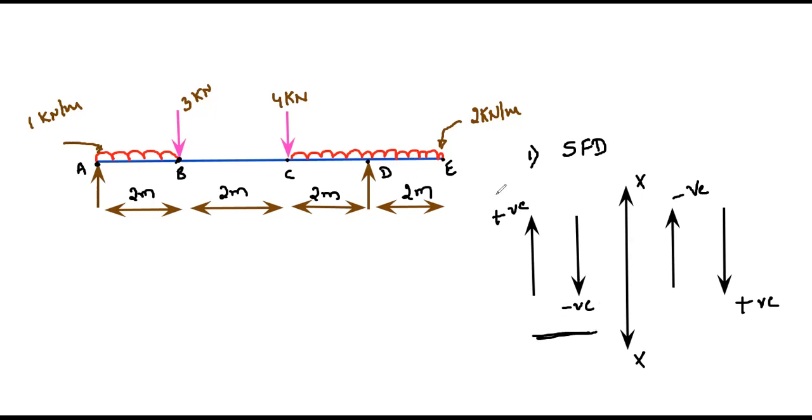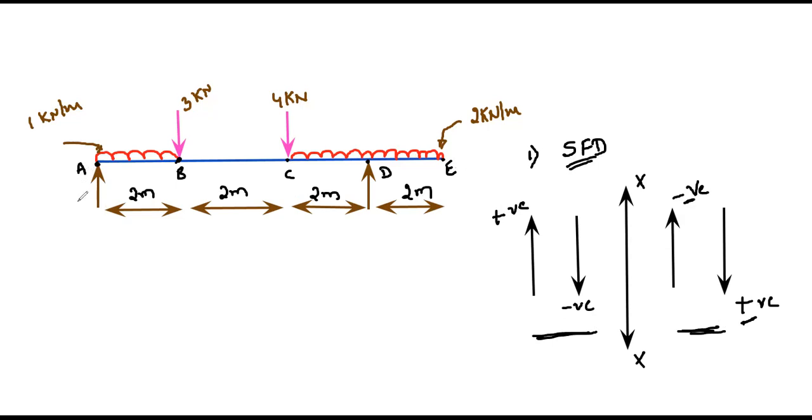If you consider forces and moments from the right side, you need to use this sign convention for shear force diagram: upward acting forces are negative, downward acting forces are positive. By using this, let's calculate shear forces.